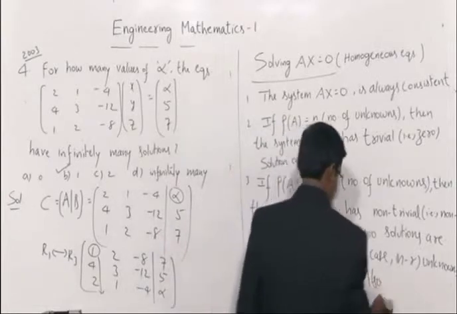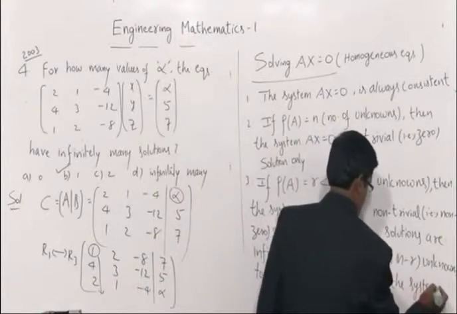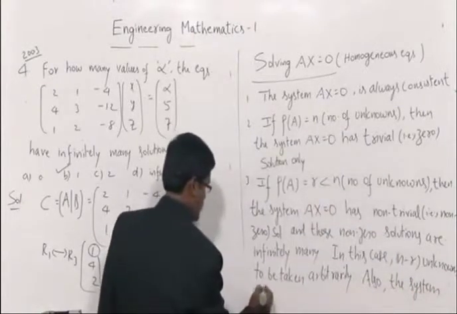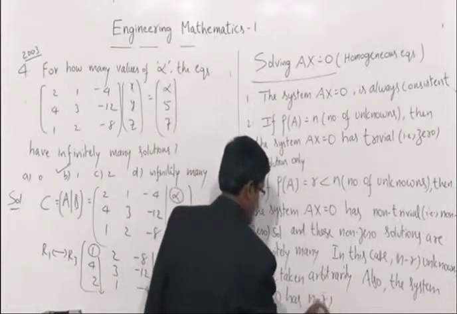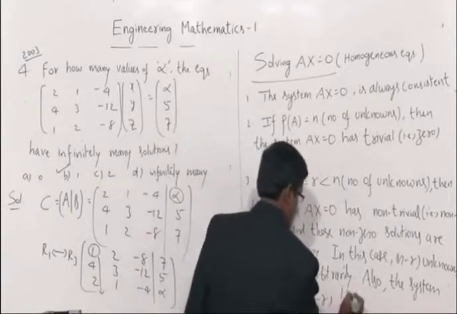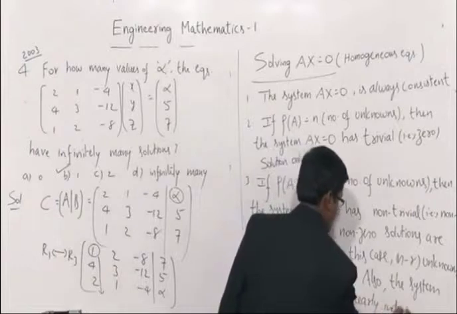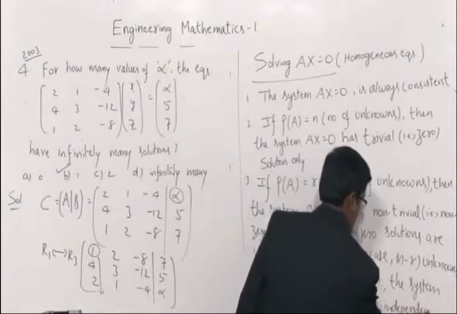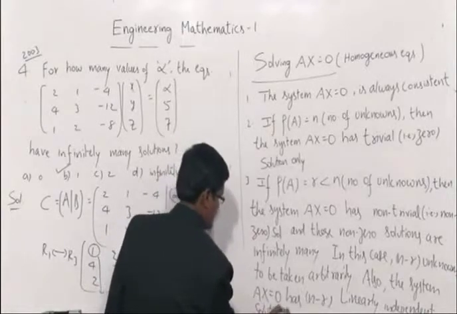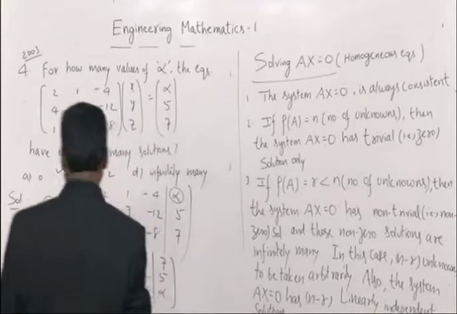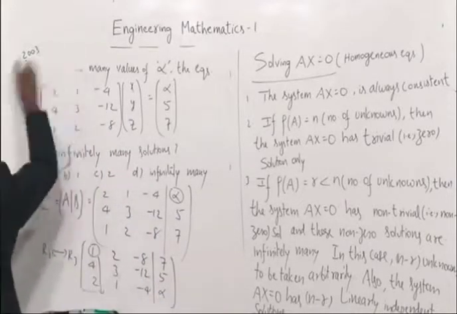Also, the system Ax equal to O, a very very important point, has n minus r linearly independent solutions. Copy down.